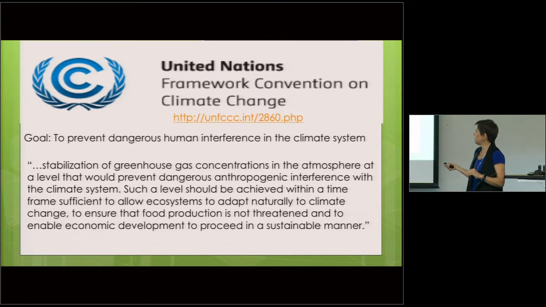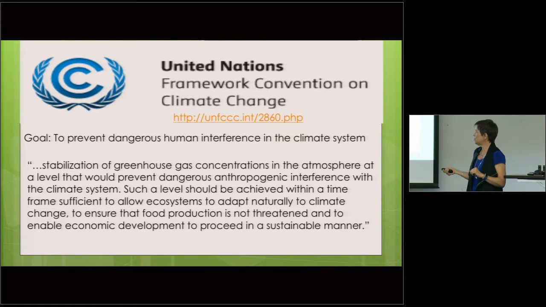Such a level should be achieved within a time sufficient to allow ecosystems to adapt naturally. I think we might be too late for that one. To ensure that food production is not threatened, and to enable economic development to proceed in a sustainable manner.